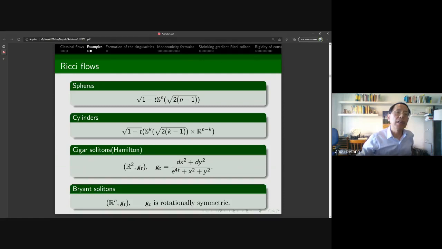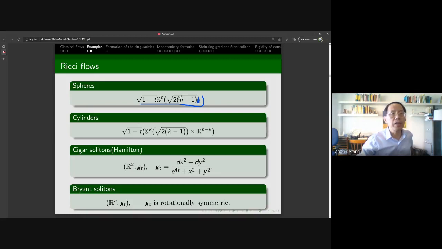So if you take the sphere, I forgot to put T here. So no, not T. If you look at this flow, the sphere, the movement by this one, this is a special solution of Ricci flow. Of course, we also have the cylinder.